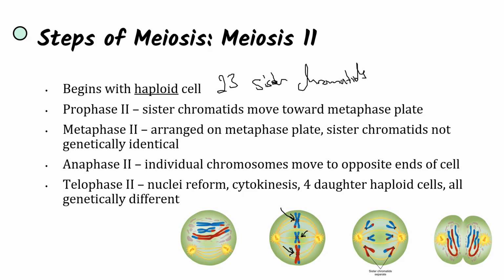In anaphase 2, just like usual in anaphase, these sister chromatids are pulled apart and moved to opposite sides of the cell, and then during telophase 2, the nuclei reform, we have cytokinesis, and we end up with 4 daughter haploid cells, all genetically different because of the crossing over that has happened.